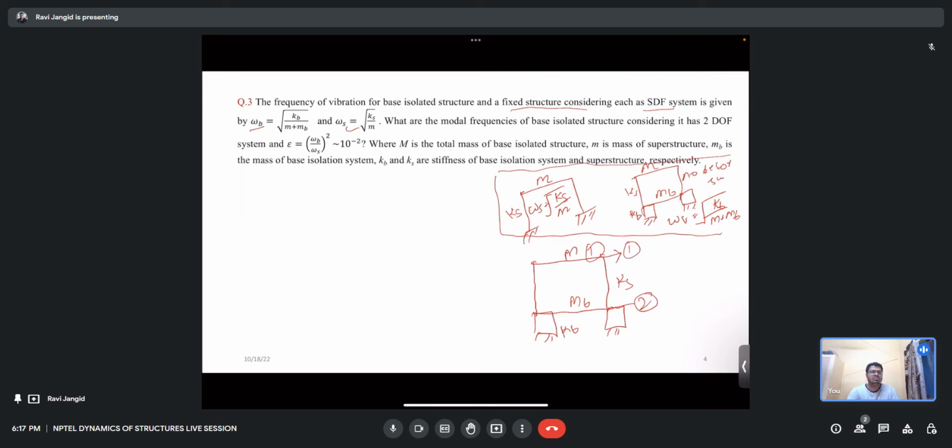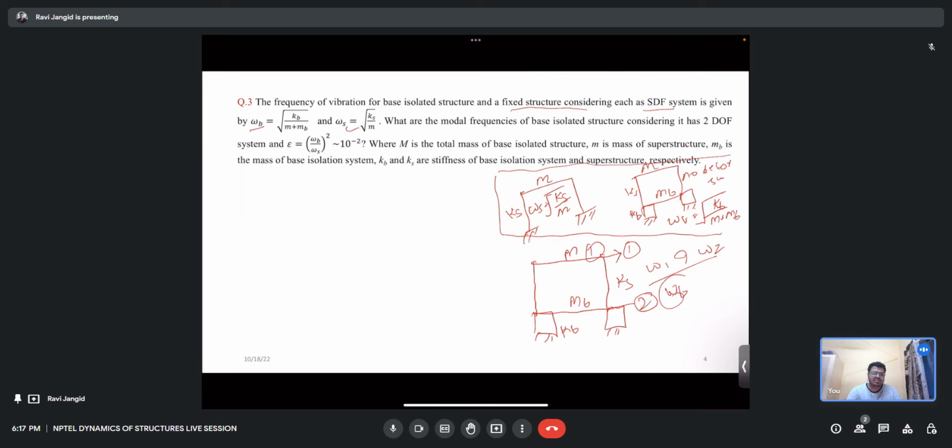So what will be this omega 1 and omega 2? What are the modal frequencies of the base isolated structure? Omega 1 means what is the deflection of the frequency omega b in this case, when we consider it as a 2 degree of freedom system.